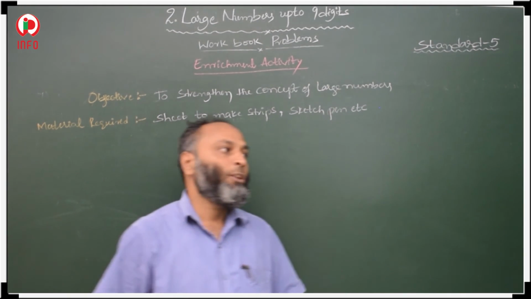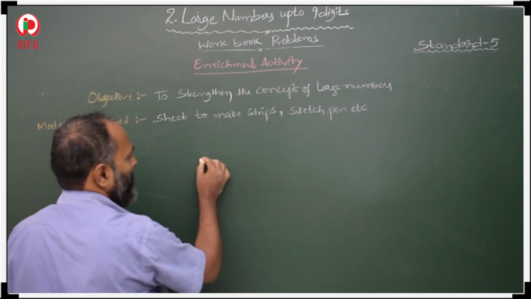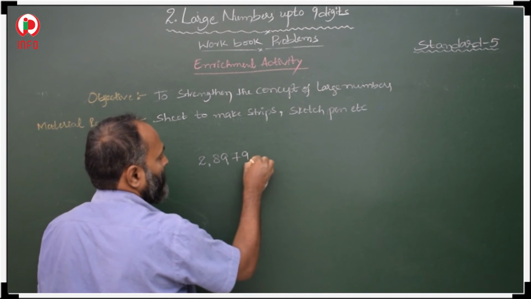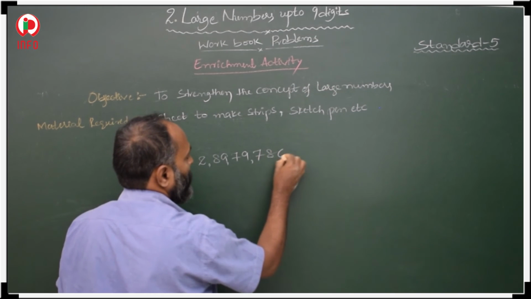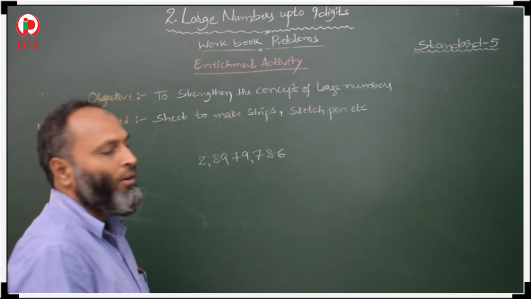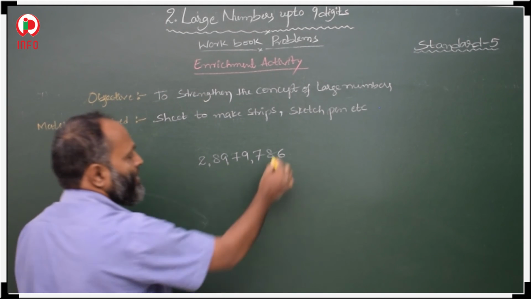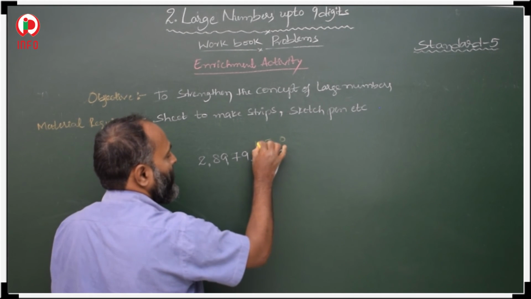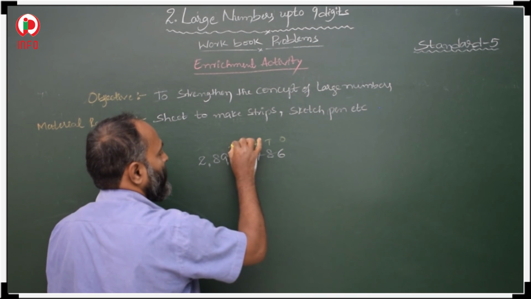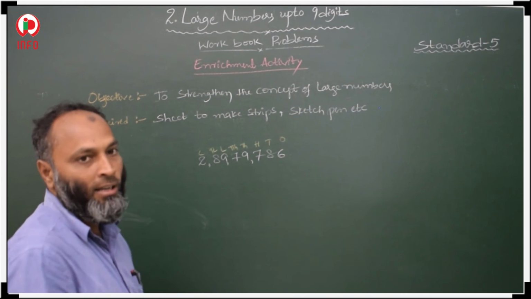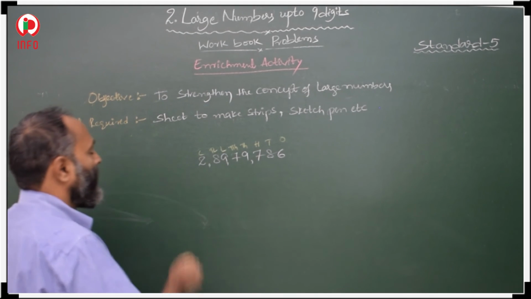Suppose one numeral comes, like this. This numeral will come. Then how to read this numeral? So this is ones place, tens place, hundreds place, thousands place, 10,000s place, lakh, 10 lakh, crore. Now you write the numeral in words.